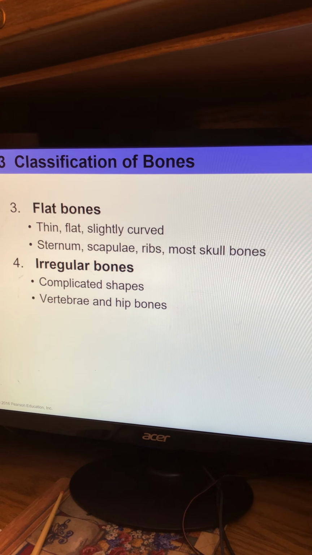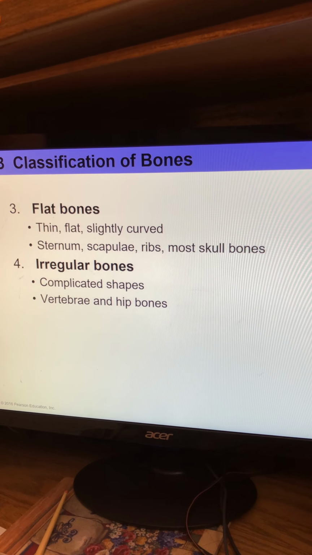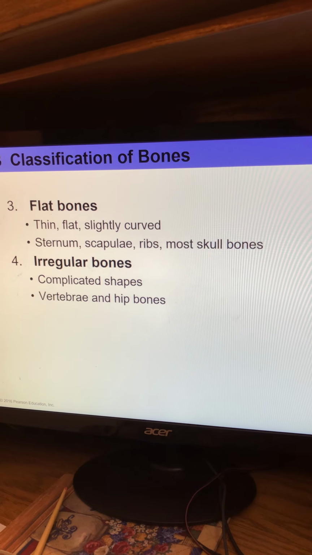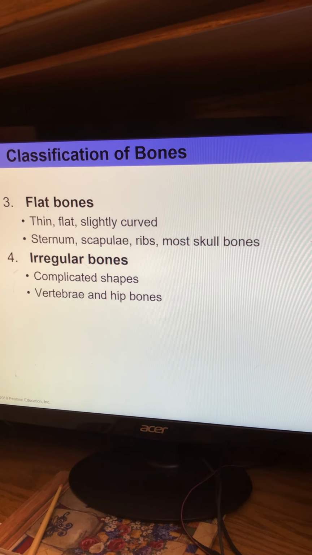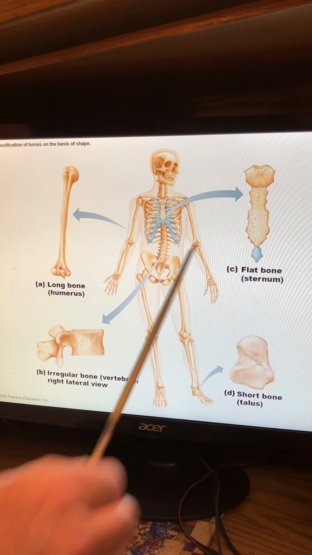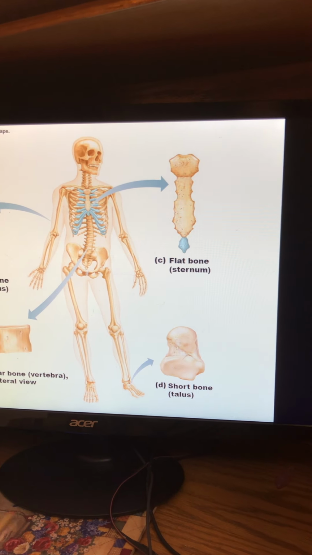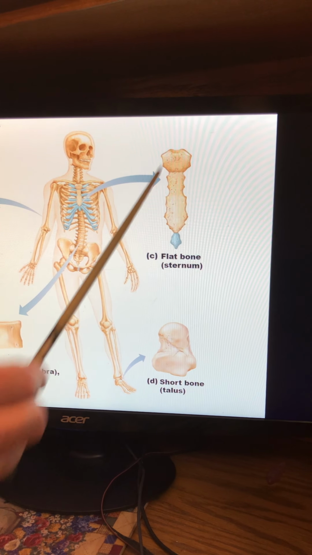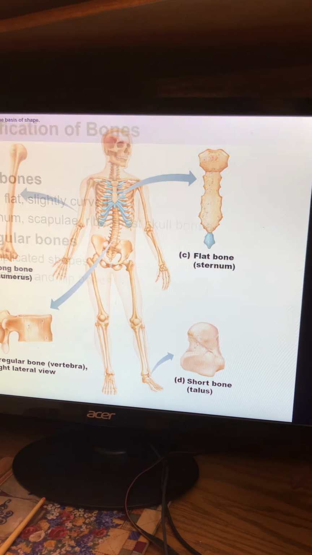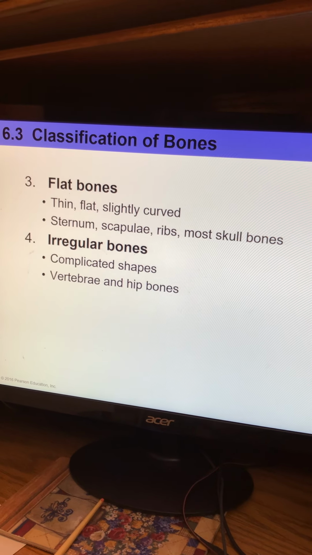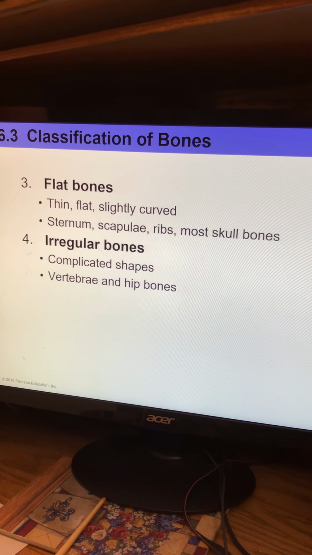Then we're going to have bones that are going to be mostly flat. They're thin, they're flat, and they're slightly curved. So for the bones that would be considered by definition a flat bone, the sternum is a perfect example. It looks like a dagger almost. And it is entirely flat, and it starts at the manubrium and goes all the way down to the xiphoid process. But also by definition, the bones that make up most of the skull, even though they're curved, are considered to be flat.